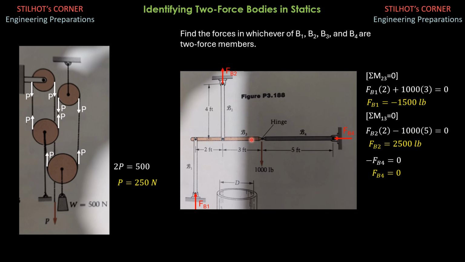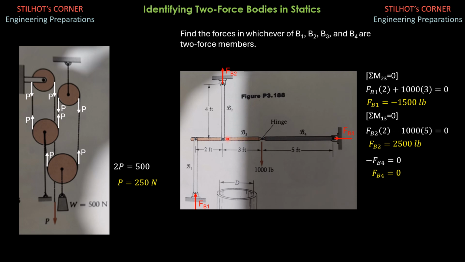Between the hinge and this end of member B4, we conclude that that's a two-force body. There's no load in between the ends of that member. So FB4, because this is horizontal, would be horizontal.